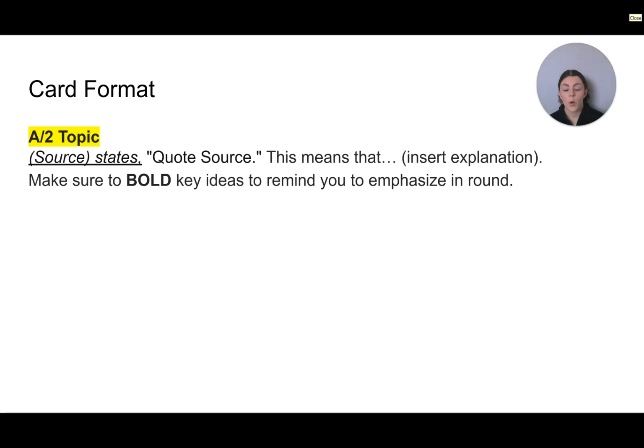So according to source, or this source states, and then I put the quote of whatever the source says. And then I always like to have a this shows, this means, some sort of segue into what I want you as the judge to understand based on this rebuttal.